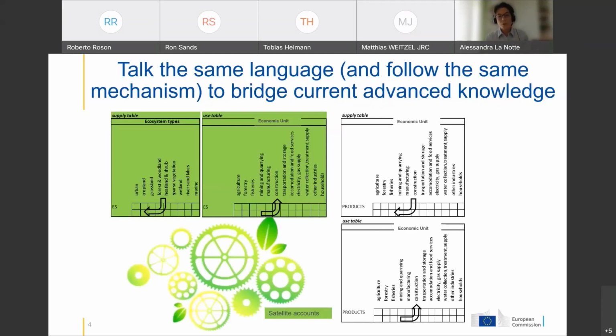So an ecosystem works like an economic sector. It provides a flow of services to economic units, and these economic units use this ecological input to undertake their activity. This constitutes a sort of entry point into the economic system, and this is the ring of the chain that we try to exploit as much as we can.